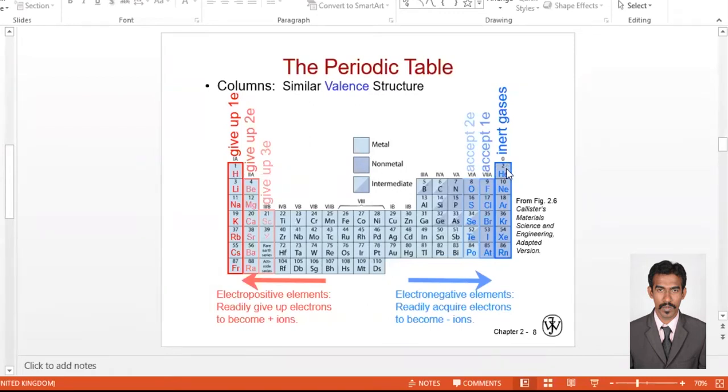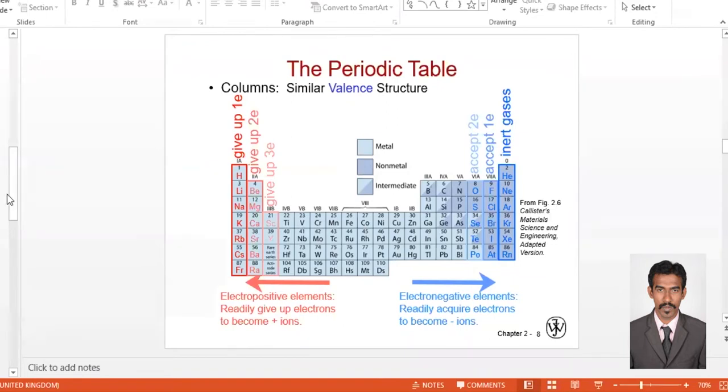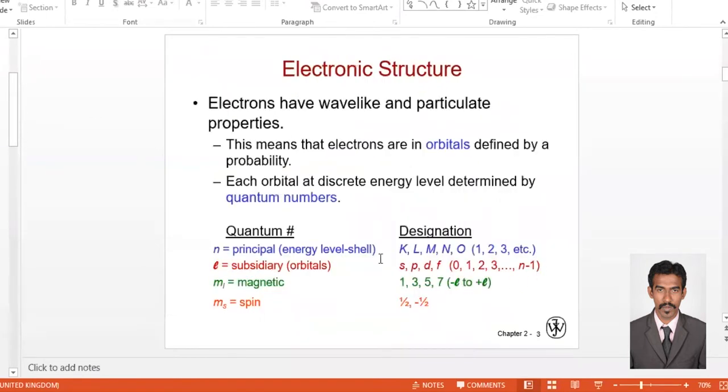Then that is 8: 1, 2, 3, 4, 5, 6, 7, 8. So for calcium, we stopped with 2, but in that orbit, we can have a maximum of these many electrons. This maximum number of electrons which can be admitted will be determined by this SPDF and this main orbit.